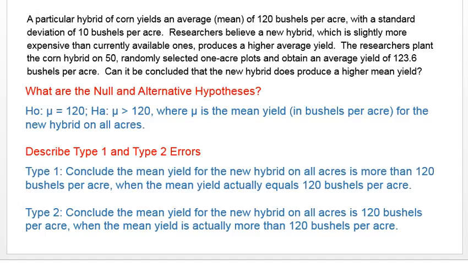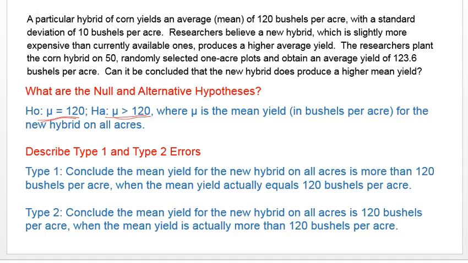What is the average yield? The skeptic would say that they're still the same, in other words, that the mean is still 120. They want to determine if the new hybrid produces more. So the alternative is that the mean yield is actually greater than 120.